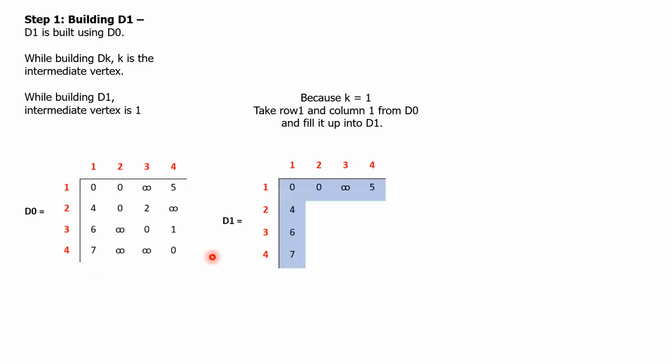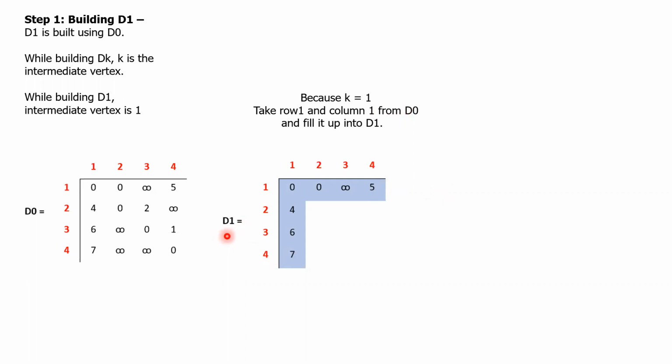And for that, the first thing that you have to do while building D1, because the first node is the intermediate node, is take row 1 and column 1 from D0 and fill them as they are into D1. You understand my point, isn't it?